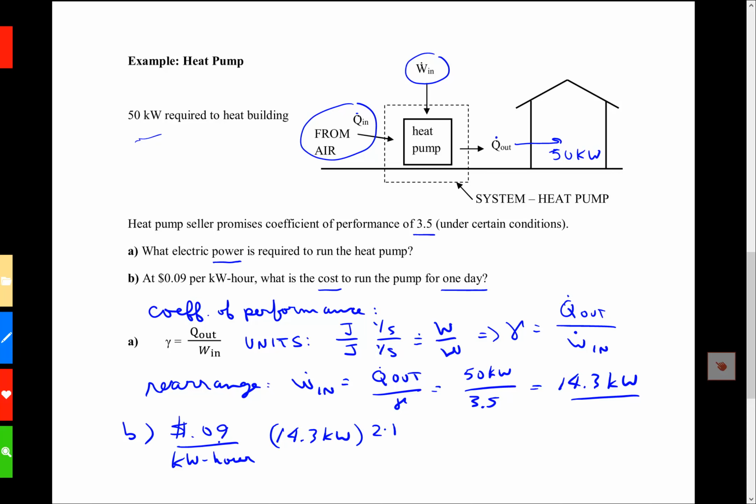Let me put in 24 hours per day. Then the hours are going to cancel. The kilowatts are going to cancel. And all we're going to have is dollars per day. 0.09 times 14.3 times 24 is $30.89 per day.